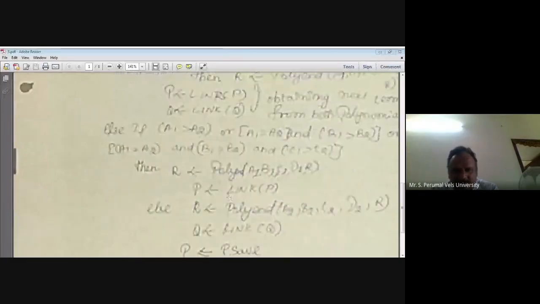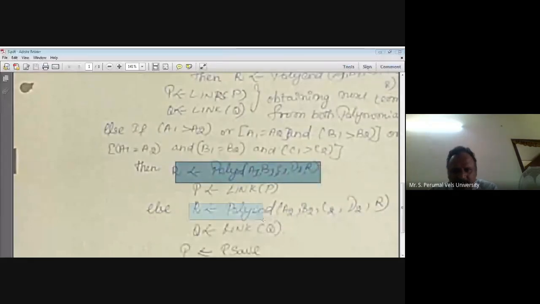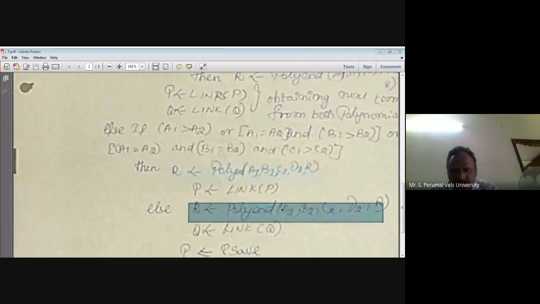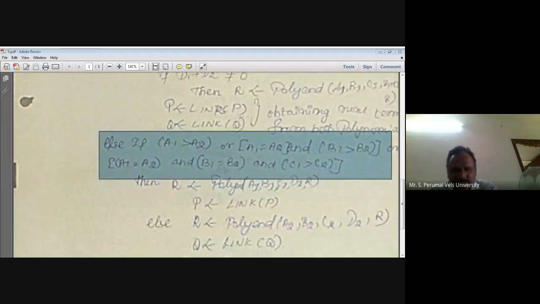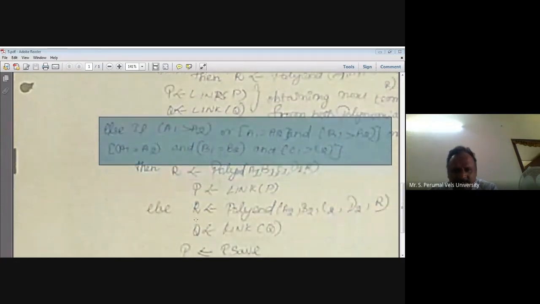Else, if the constraint is not satisfied, we take the second polynomial, which is A2, B2, C2, D2. This is the logic: if the constraint is satisfied, it is the first polynomial, or else it is the second polynomial.